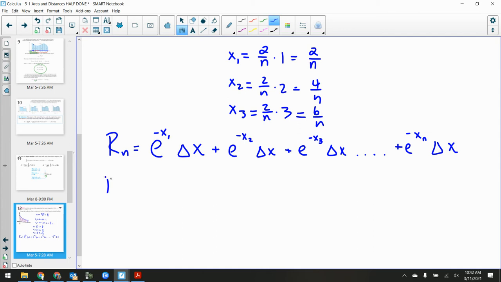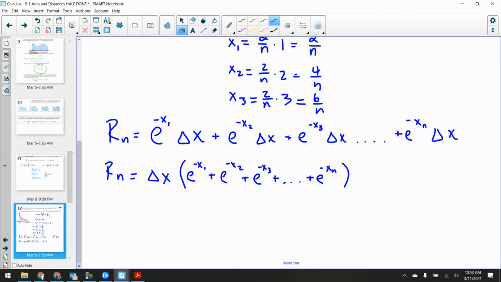So this right side sum is really equal to delta x times e to the negative x1 plus e to the negative x2 plus e to the negative x3, all the way up to e to the negative xn. We kind of did that in our proof yesterday. And you can do that for any of these sums. That interval is going to be in there for every term, because that's always going to be the base of your rectangle, all the way up till n. So you can bring it out front if you'd like to.